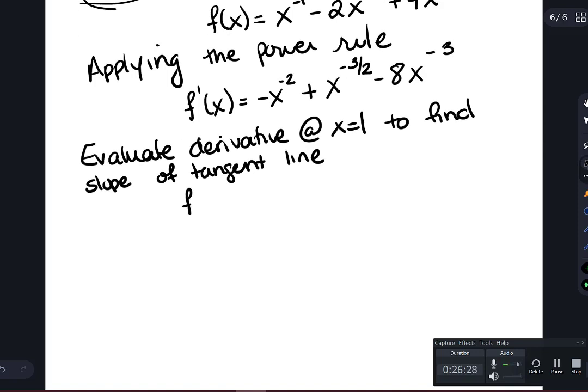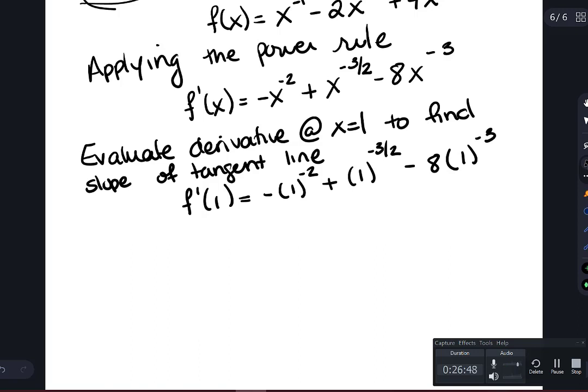So here we have f prime at 1 is equal to minus 1 to the negative 2 plus 1 to the negative 3/2 minus 8 times 1 to the negative 3. So this tells me that f prime at 1 is equal to negative 8.